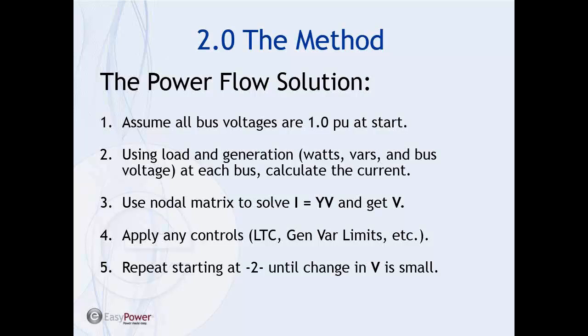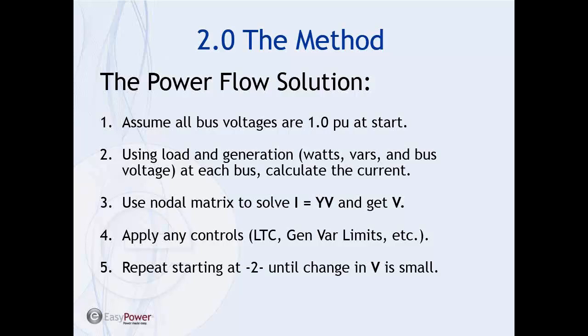So let's say we had 3 watts or 3 kilowatts or 3 megawatts, we'll calculate the current from the first voltage. This is where we're at the very beginning. We're starting with 1 per unit. Then in step 3 here, we basically solve the matrix equation I equal YV. We solve for V. We basically get all of the voltages across the entire network for every bus.